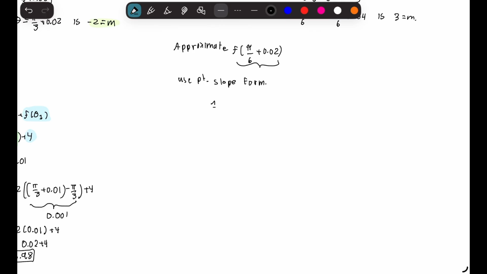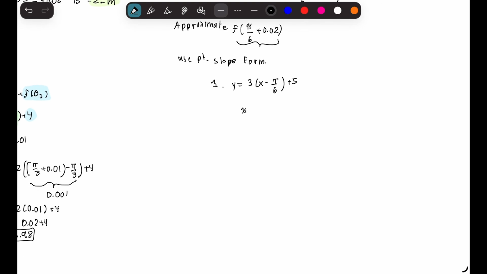We start with our point slope linear approximation. y is equal to 3 times (x minus pi over 6) plus 5. Now you can substitute in x is equal to pi over 6 plus 0.02. And remember that y is equal to f of x.